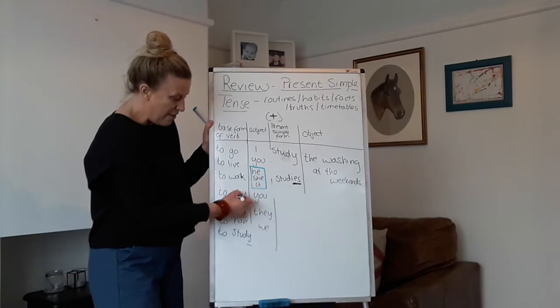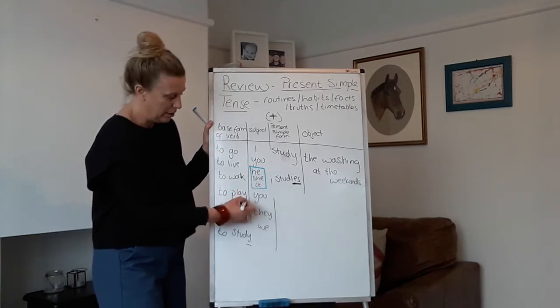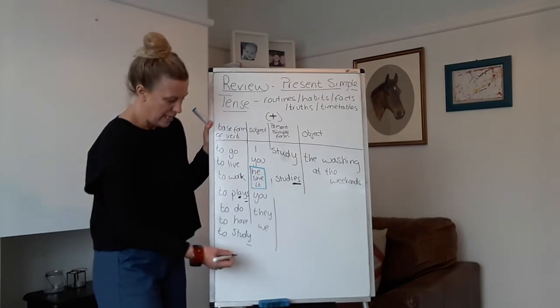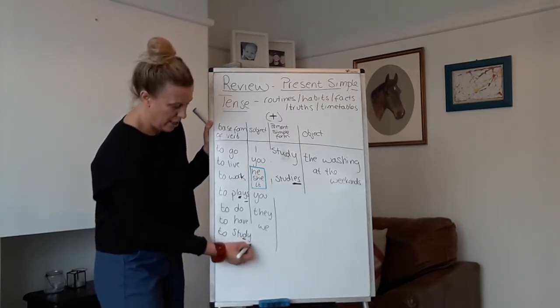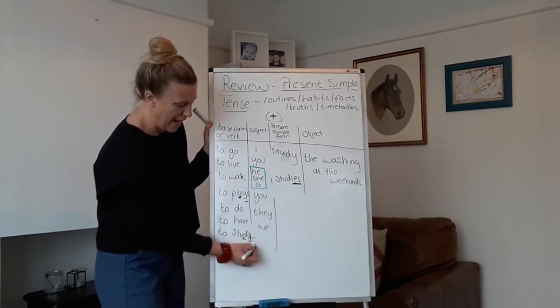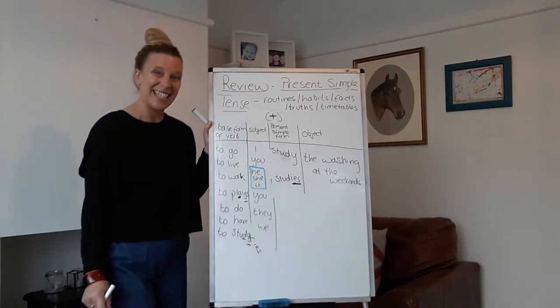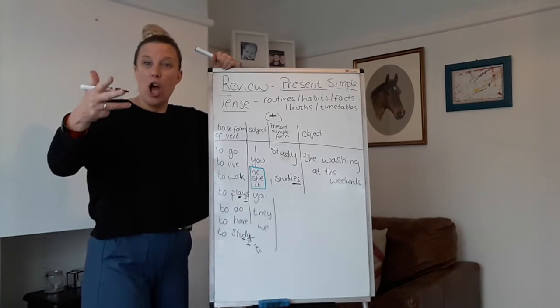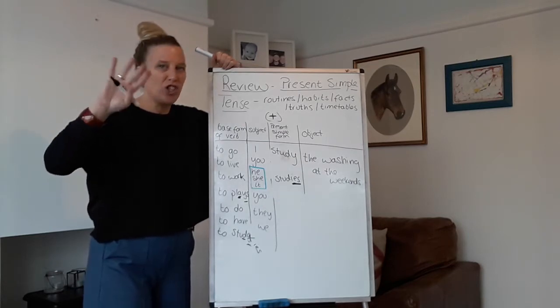If there's a vowel and a y, we just add s. If there's a consonant and a y, we drop the y and add ies. Okay, so if there's a vowel, a, e, i, o, u, and a y, we just add s.